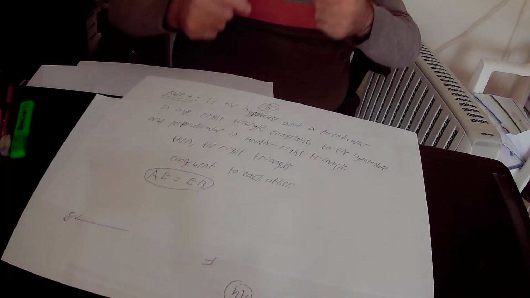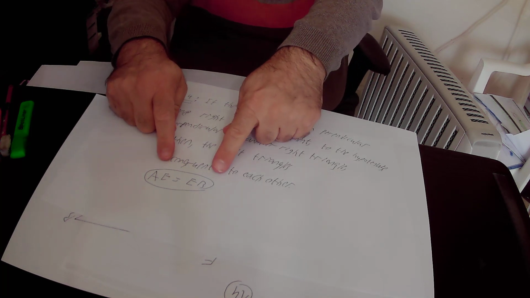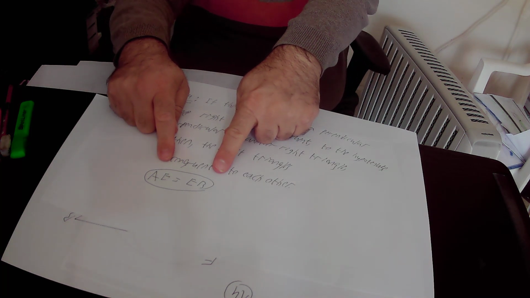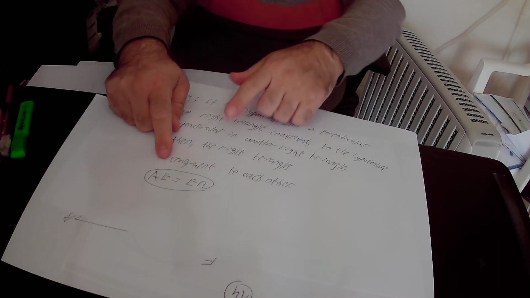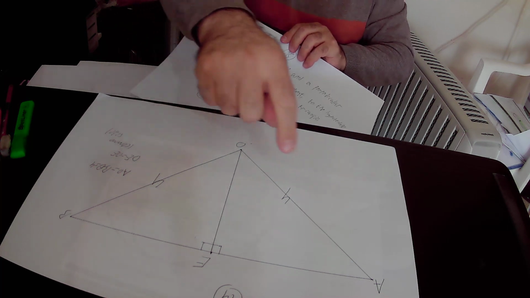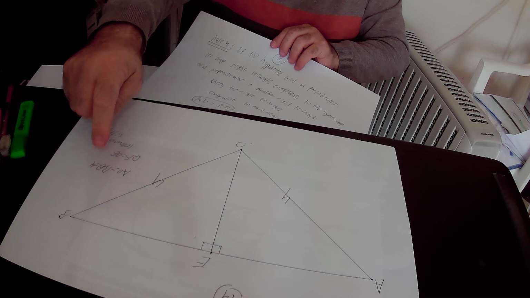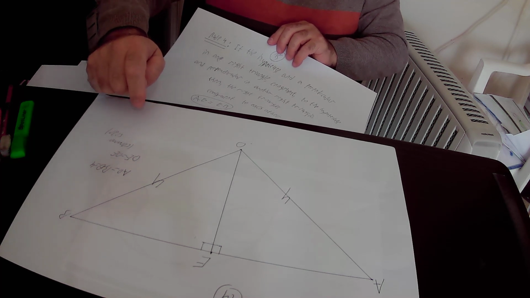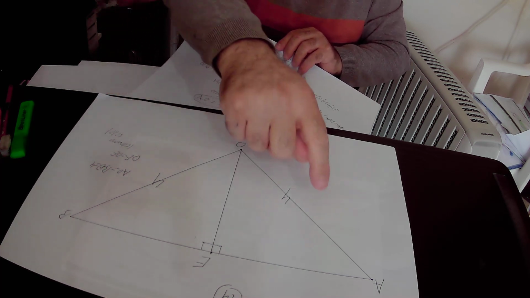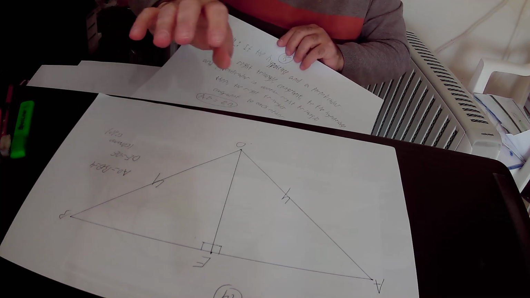And for the fact that they are congruent, we conclude that AE equals EB, according to the rule that corresponding sides in congruent triangles are equal to each other.